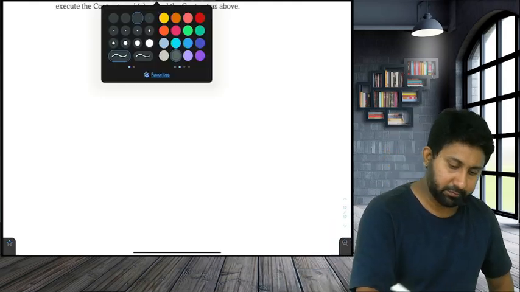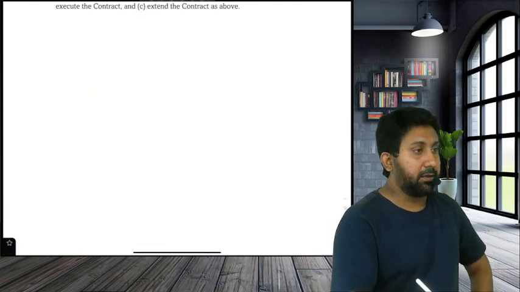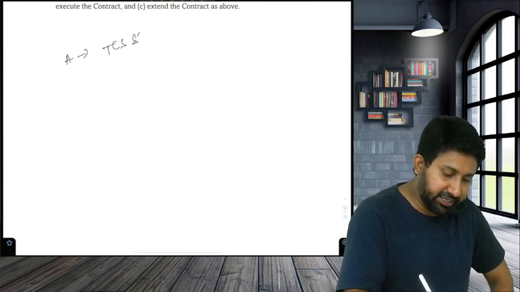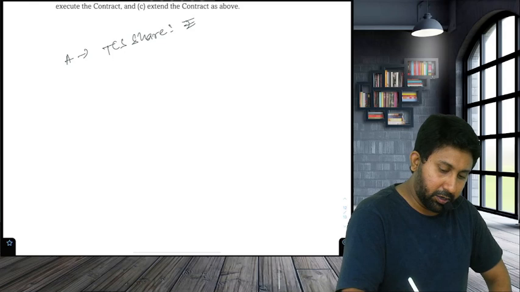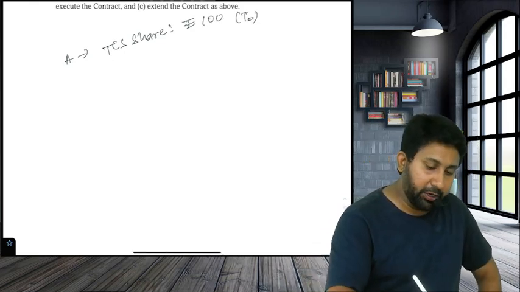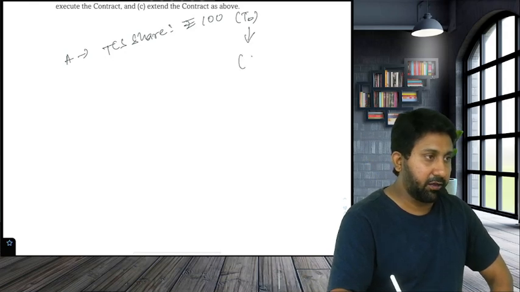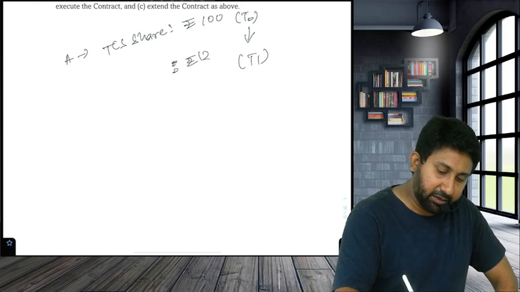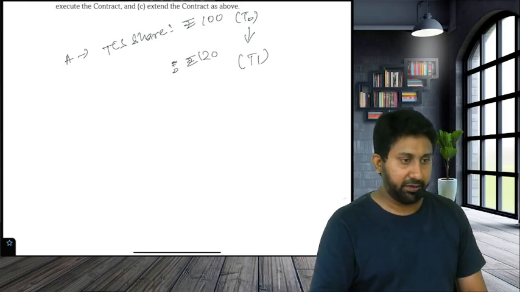See here, Mr. A purchased a TCS share at rupees 100 today, and he held this share for 1 year, when the price is running at 120.